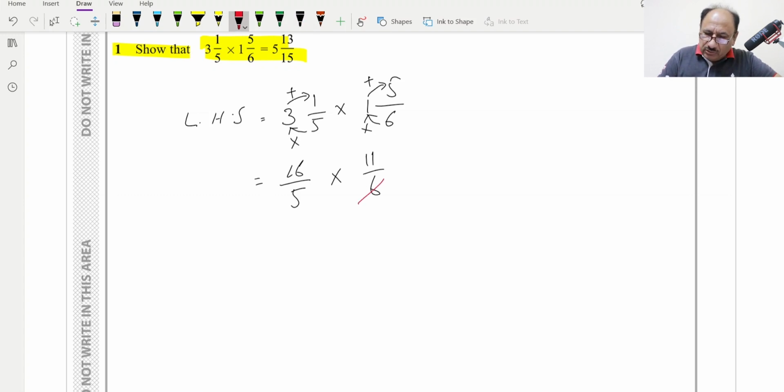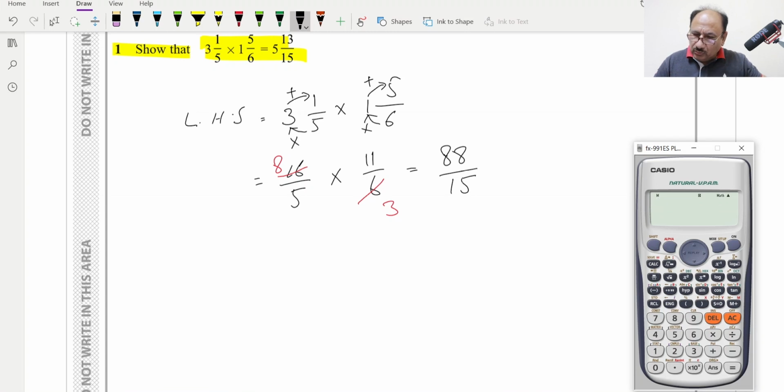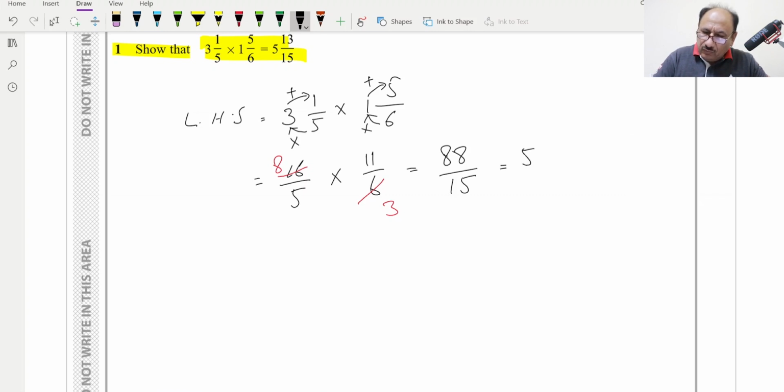Further we can cancel, so 2 3s are 6 and 2 8s are 16, and this will be equal to 11 8s are 88 over 5 3s are 15. And now we can switch into mixed fractions. So 88 over 15 will be equal to 5 whole 13 over 15, which is equal to the right hand side.